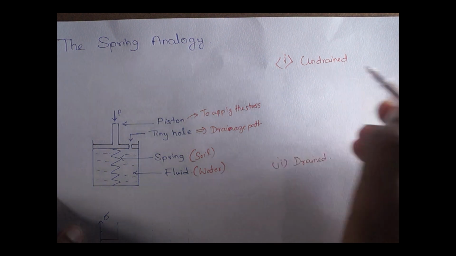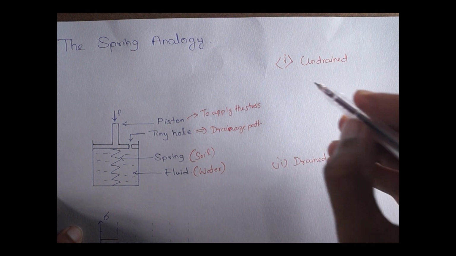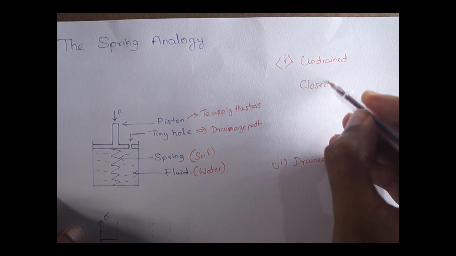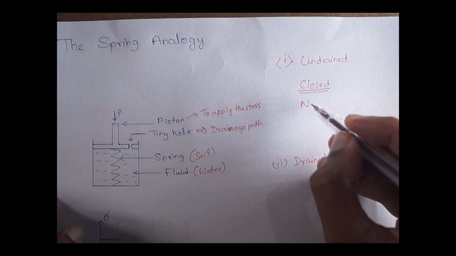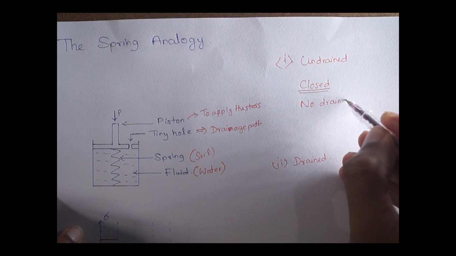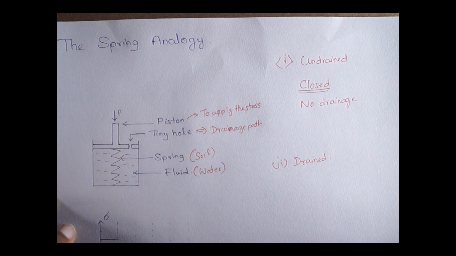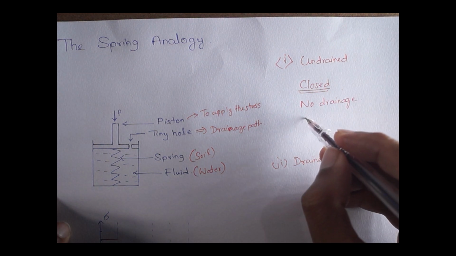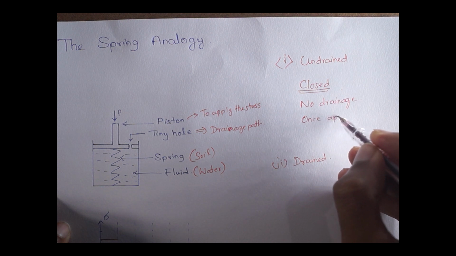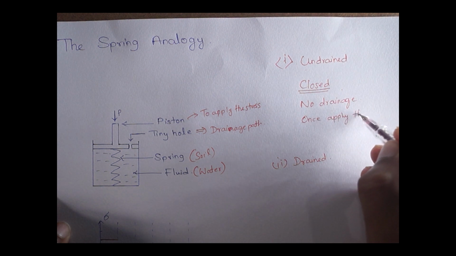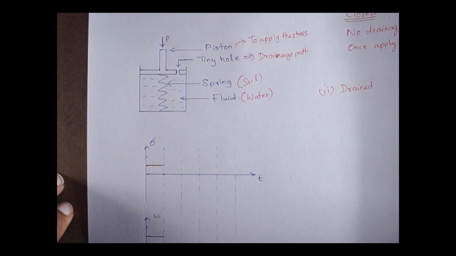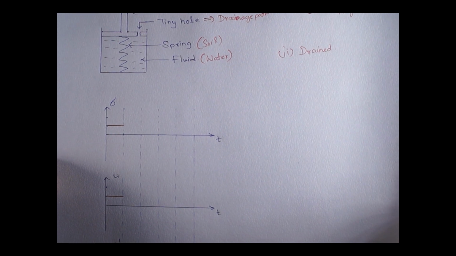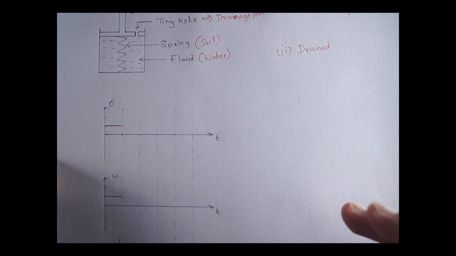So under undrained condition, the tiny hole will be always closed. So you can understand when the valve is closed, there will be no drainage. So once we apply the load, the spring cannot compress. As the spring cannot compress, the load has to completely transfer into the water.